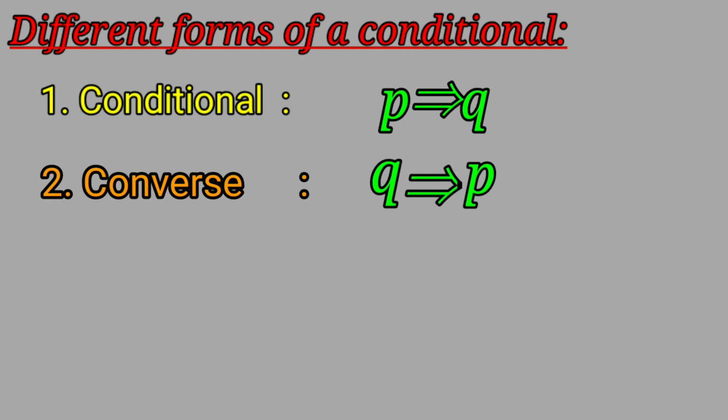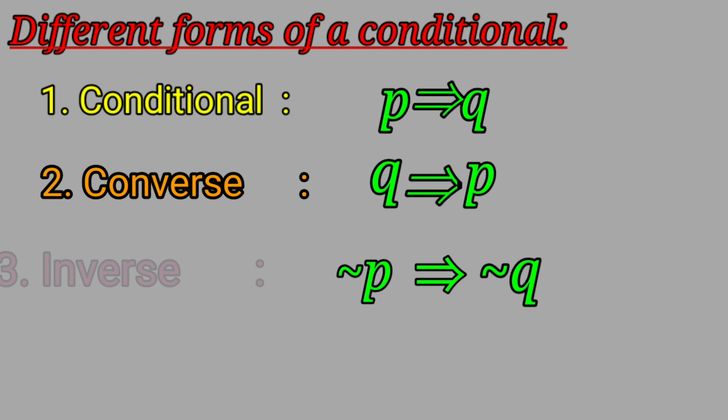Next one, in the given conditional statement, if you replace hypothesis and conclusion by their negations, that is negation P and negation Q, you will get the form negation P implies negation Q. This form is called inverse of the given conditional statement.